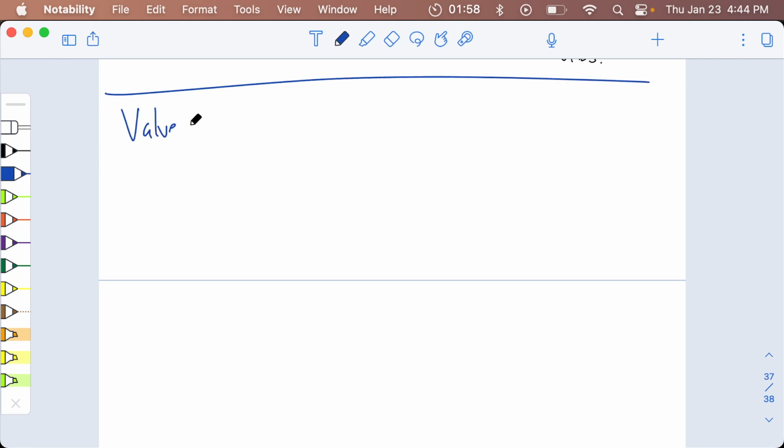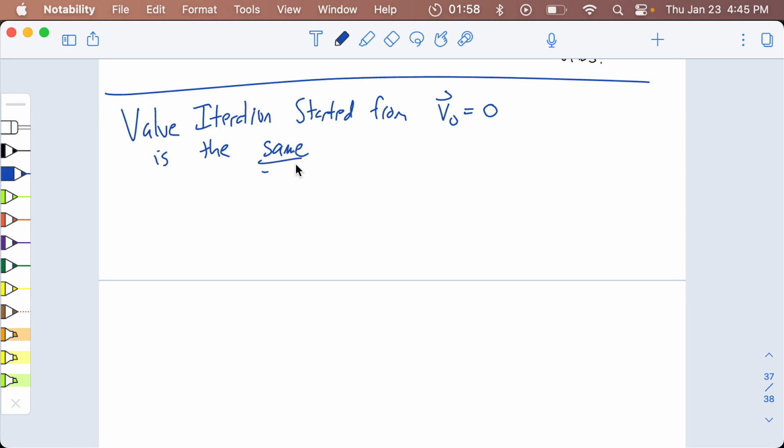Value iteration started from an initial guess of V0 equals 0 is the same as the infinite sum.